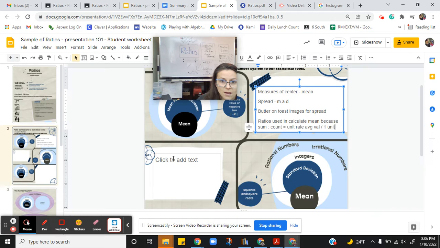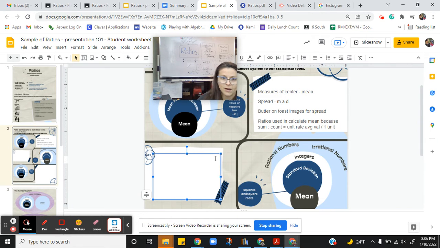So here you could talk about the idea of we still need ratios, but then ratios can become complex ratios involving square roots and sums of areas.